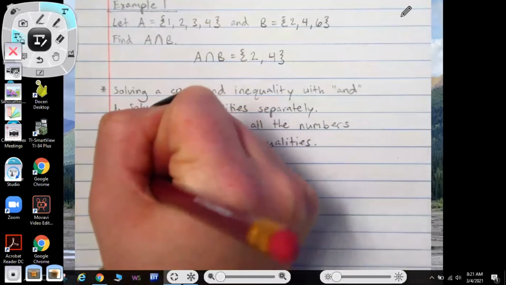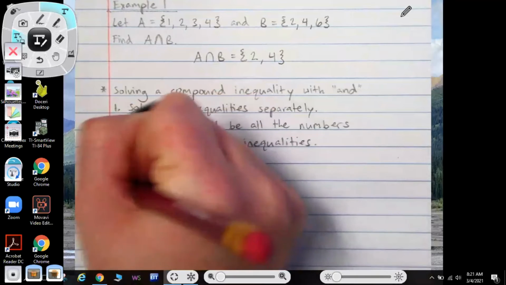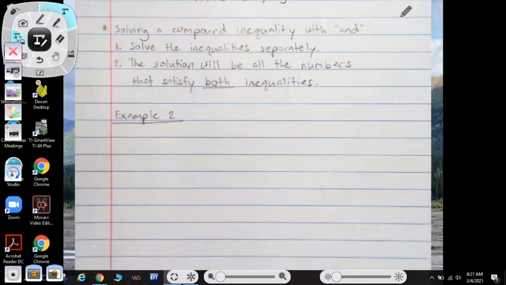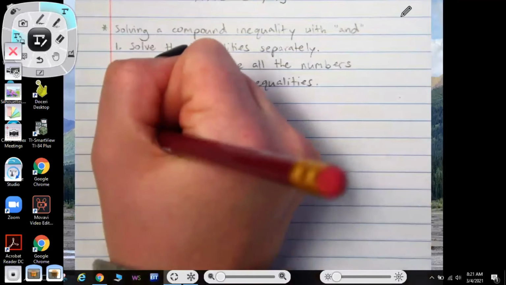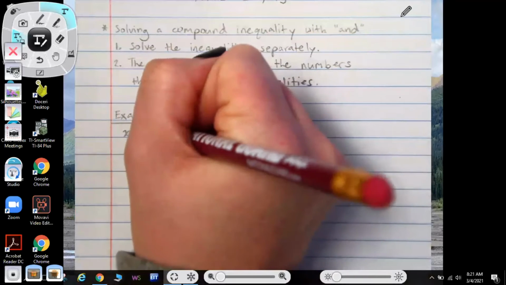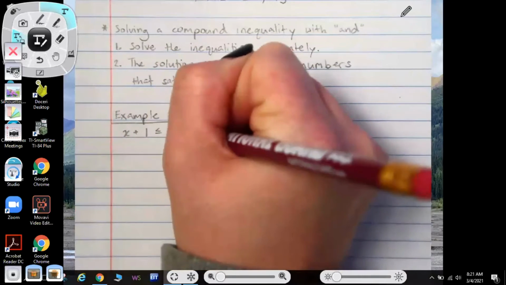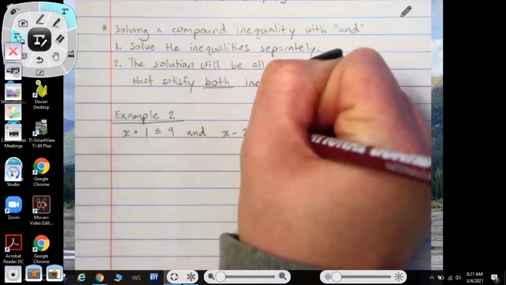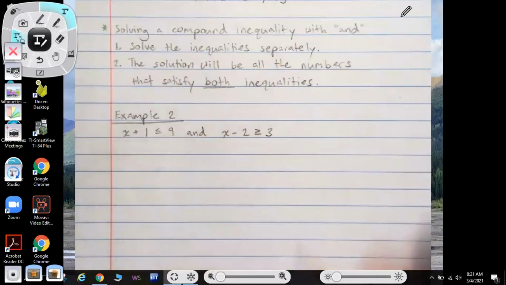Let's work an example. This will be example 2. X plus 1 is less than or equal to 9, and x minus 2 is greater than or equal to 3.